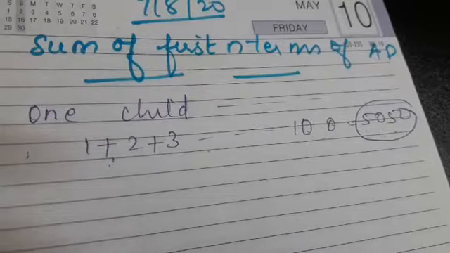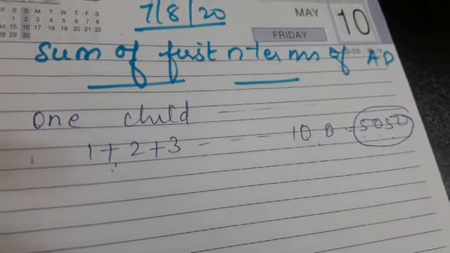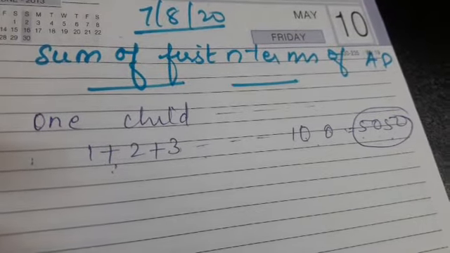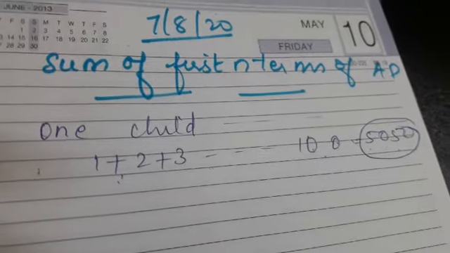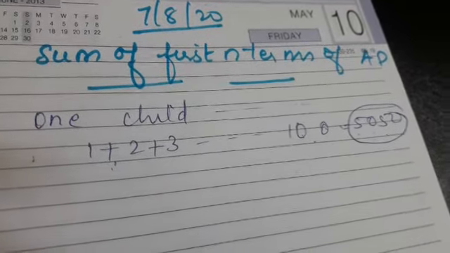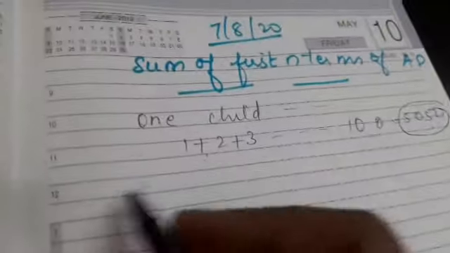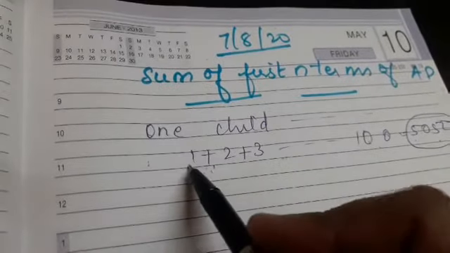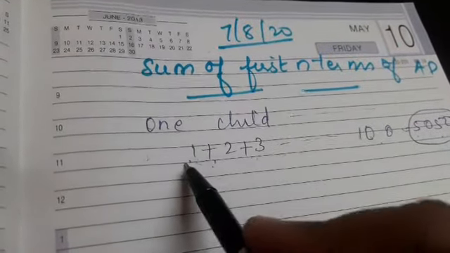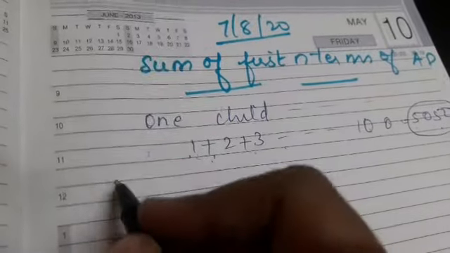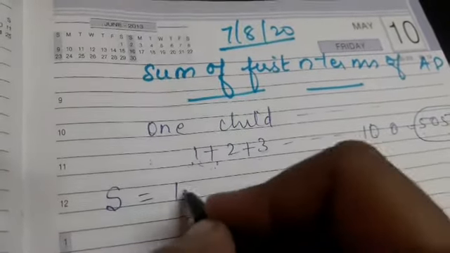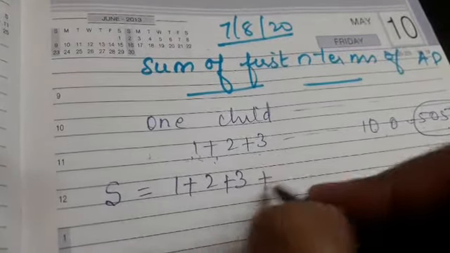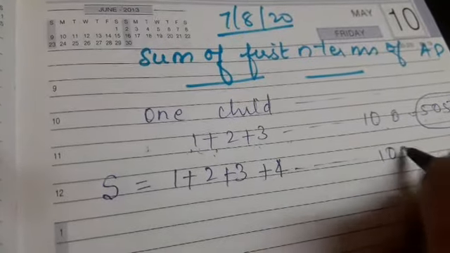For that, I'm going to tell you the complete method, right? And then we are going to come up to the general formula for the sum of the first n terms of a given AP. Now, you know that the total number of terms given over here is from 1 to 100. So we will write the first series as 1 plus 2 plus 3 plus 4 and so on till 100.